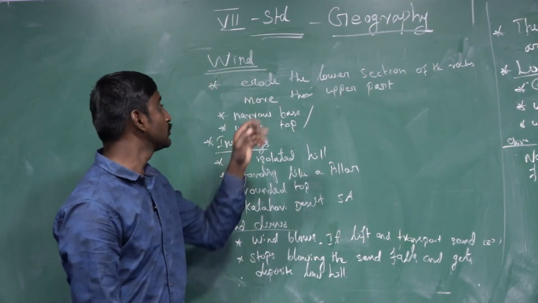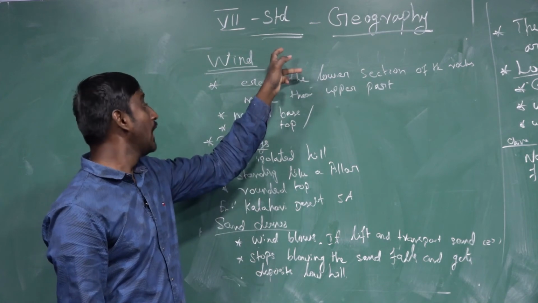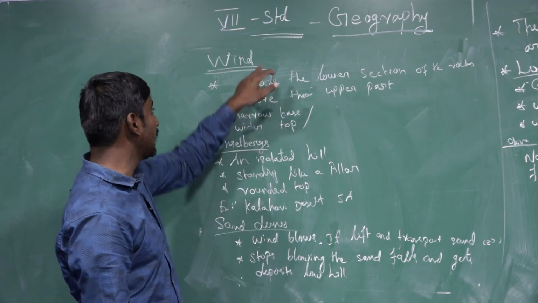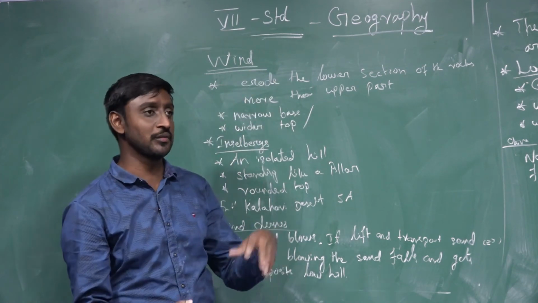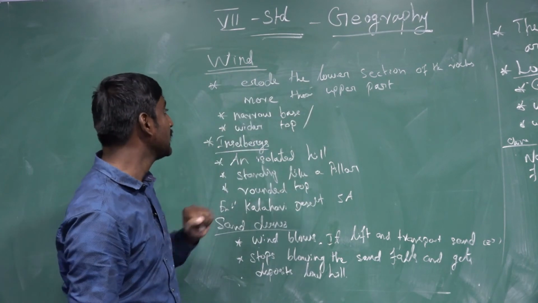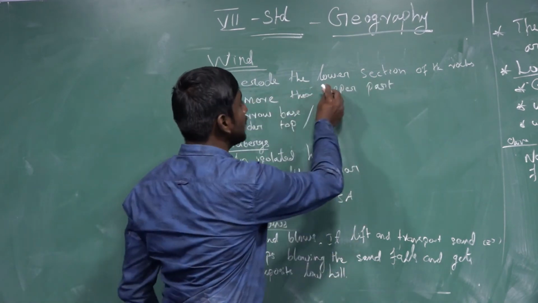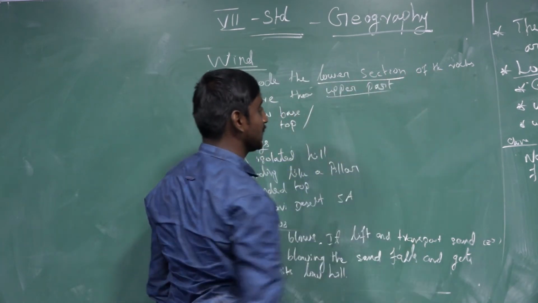Next, wind. What is wind? Wind is air that erodes across the earth's surface. It is an active agent of erosion and deposition in the desert. Wind erodes the lower section of the rocks more than the upper section.